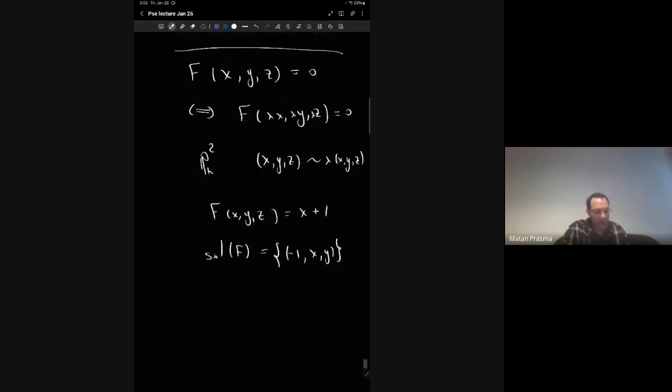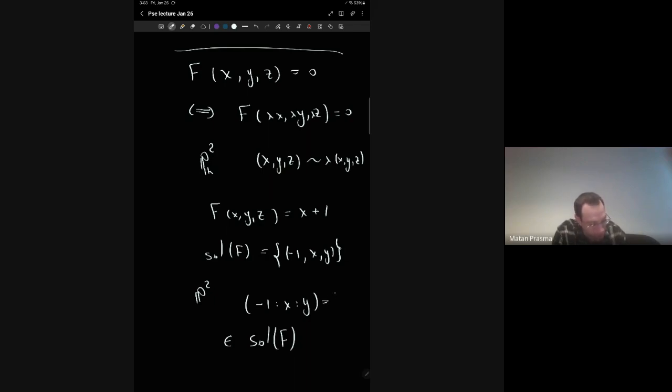But now I look in P2, and I find that (-1, x, y) must be a solution for this polynomial, right? But now I rescale it. Let's say I multiply everything by -1.